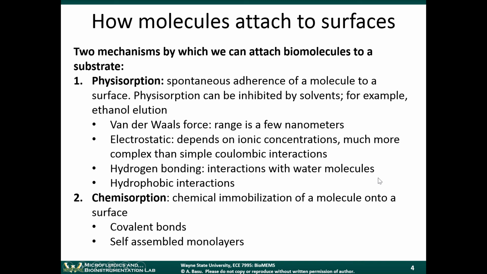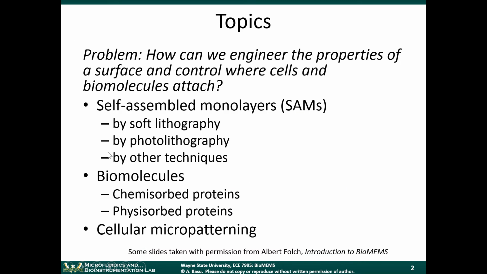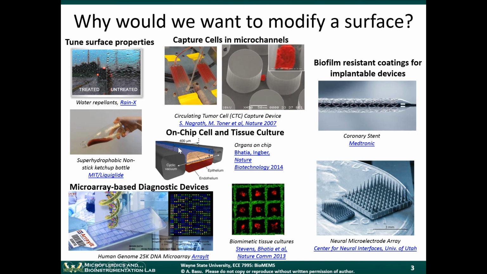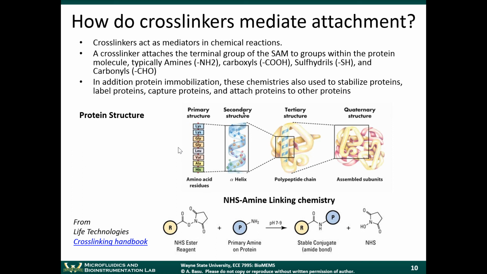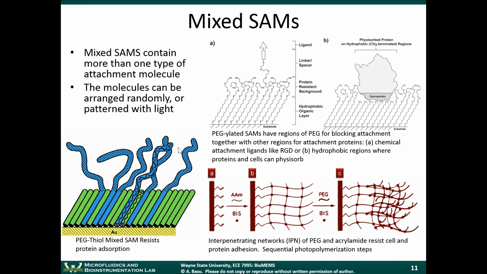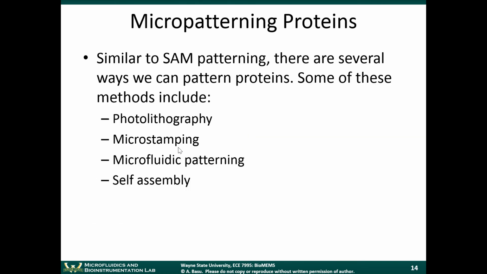Okay, so last time we talked about self-assembled monolayers, all these things, so I'm not going to go into that. So let's get into biomolecules. So micropatterning proteins. Similar to self-assembled monolayers, there's a few different ways we can pattern proteins, and we'll go over some of the methods: photolithography, microstamping, microfluidic patterning, and self-assembly.